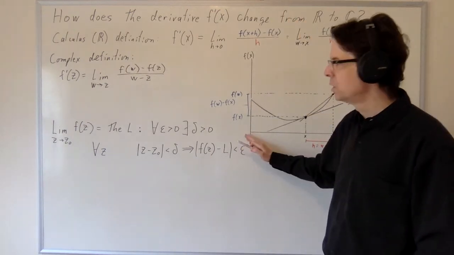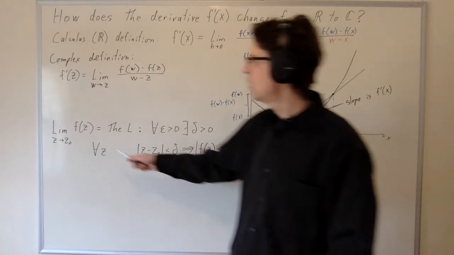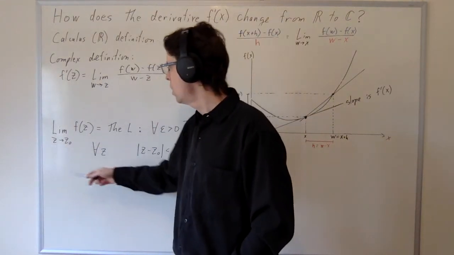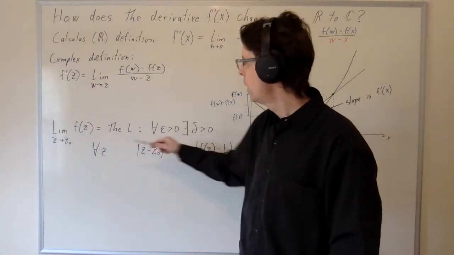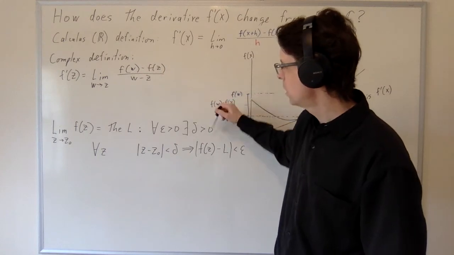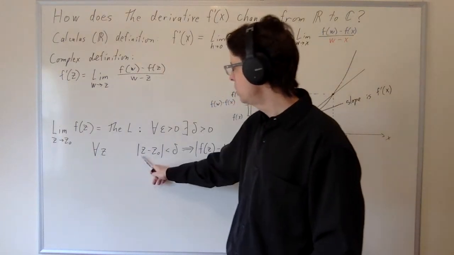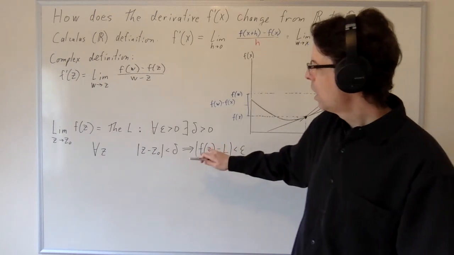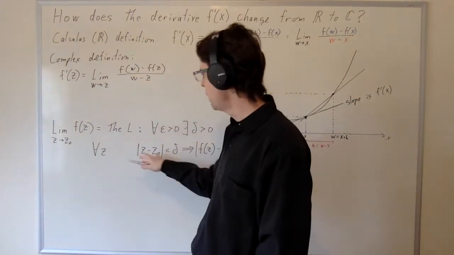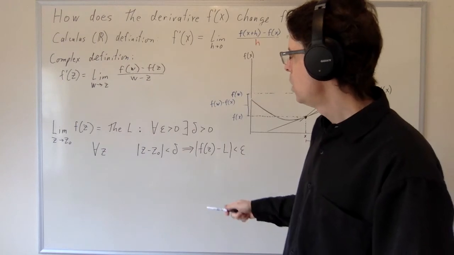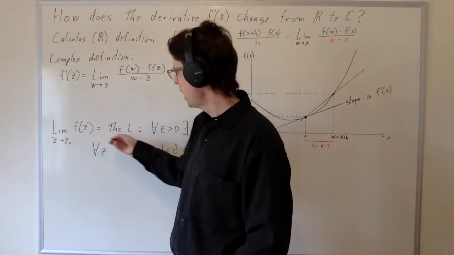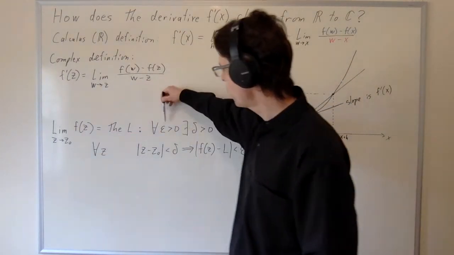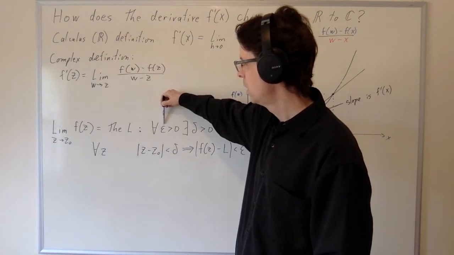Here's the definition of a limit generically. The limit of f of z as z approaches z naught is the single value L, such that for all epsilon there exists a delta. For all z, if the modulus of z minus z naught is less than delta, then f of z minus L is less than epsilon. In practical language, what this really says is no matter how close you want f of z to get to L, that proximity is measured by epsilon.